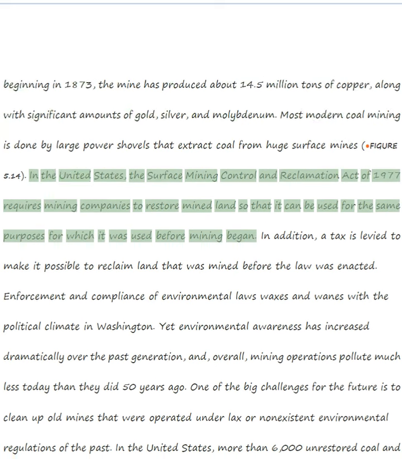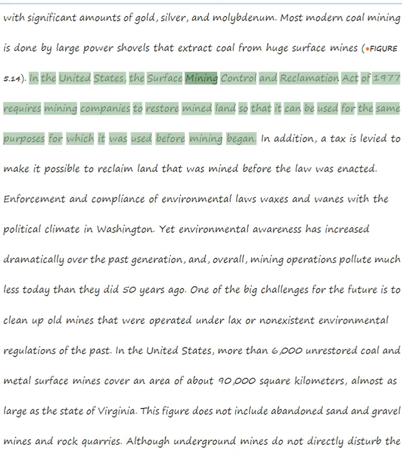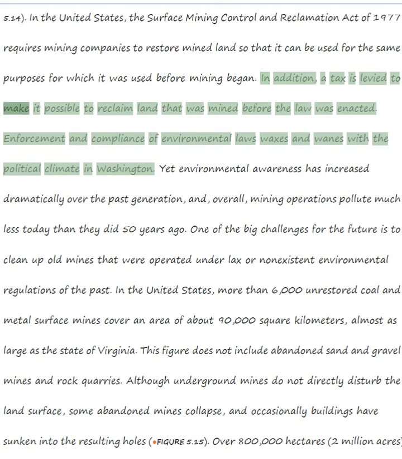Most modern coal mining is done by large power shovels that extract coal from huge surface mines. In the United States, the Surface Mining Control and Reclamation Act of 1977 requires mining companies to restore mined land so that it can be used for the same purposes for which it was used before mining began. In addition, a tax is levied to make it possible to reclaim land that was mined before the law was enacted.